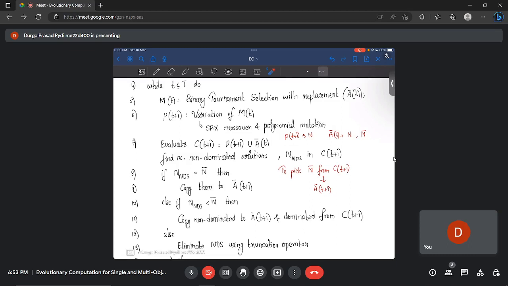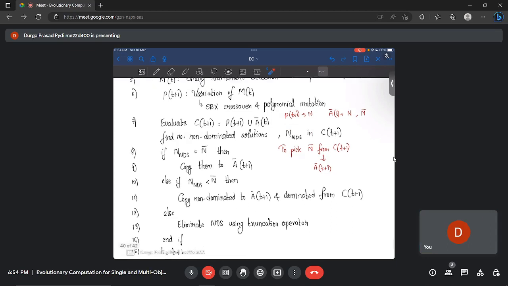Not all of C of T plus 1, only the NNDS, whatever are the non-dominated solutions. The archive is basically having the best solutions. To be more precise, you need to have the best solutions in A bar of T plus 1. That will go to the next generation.